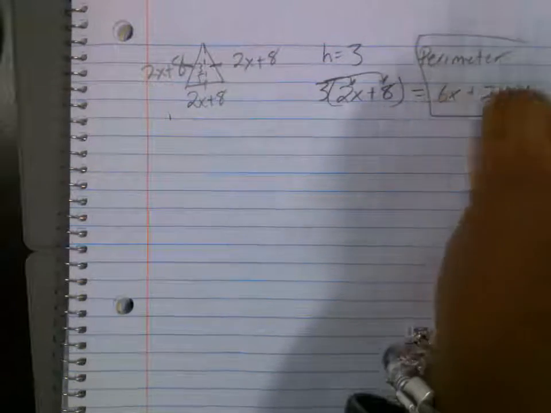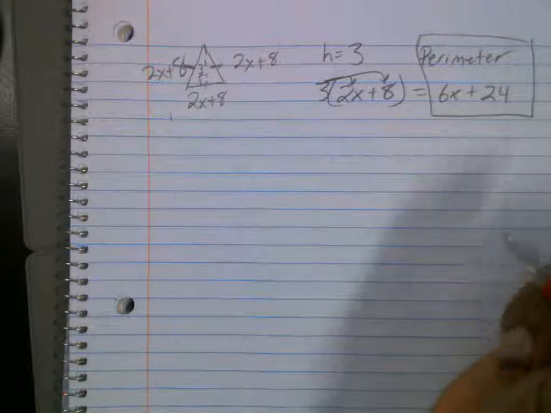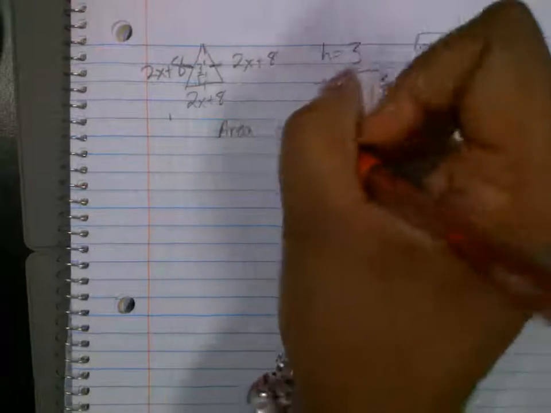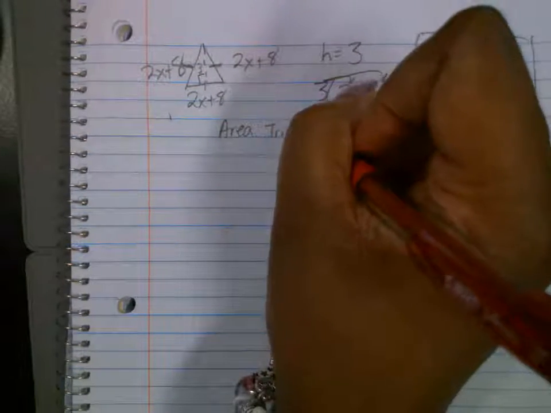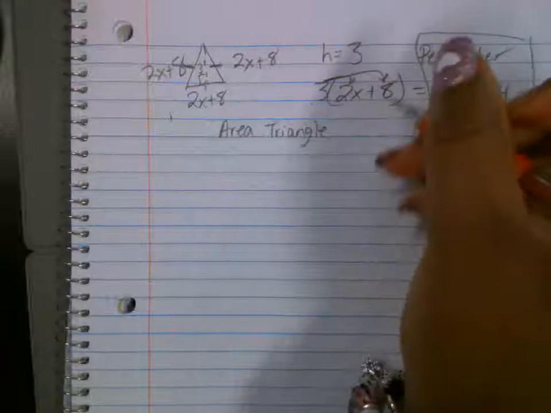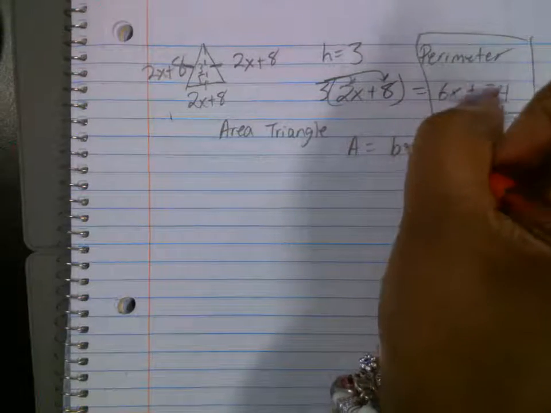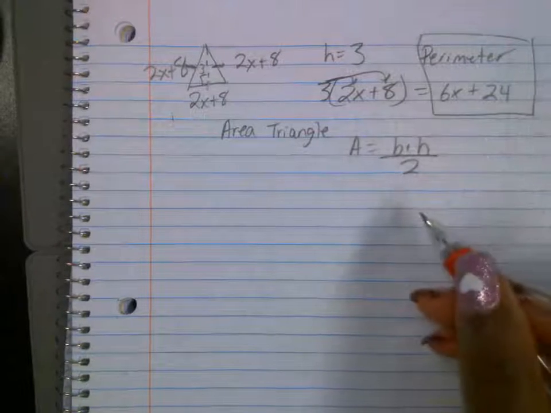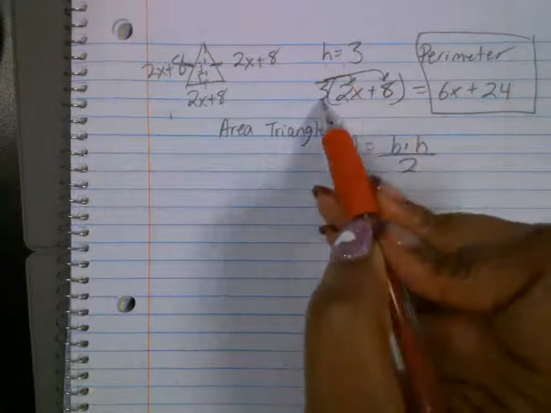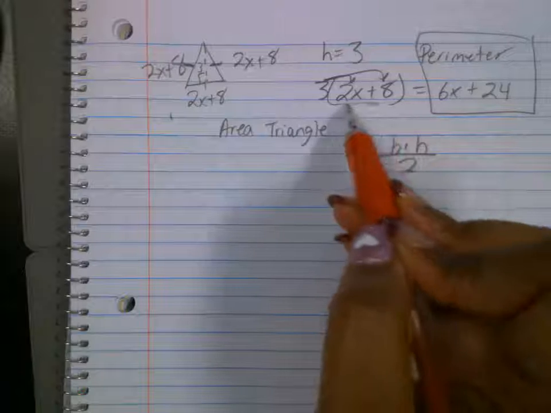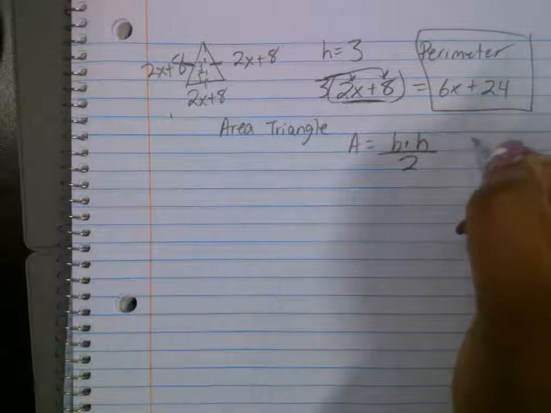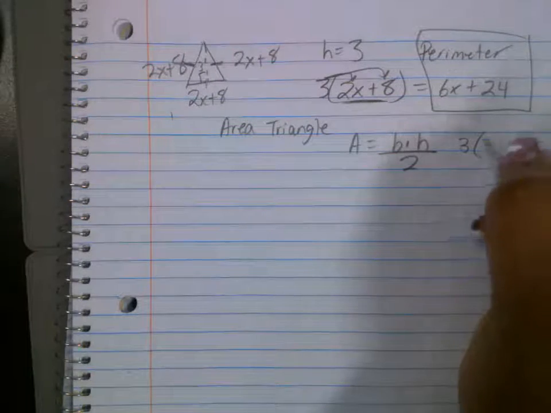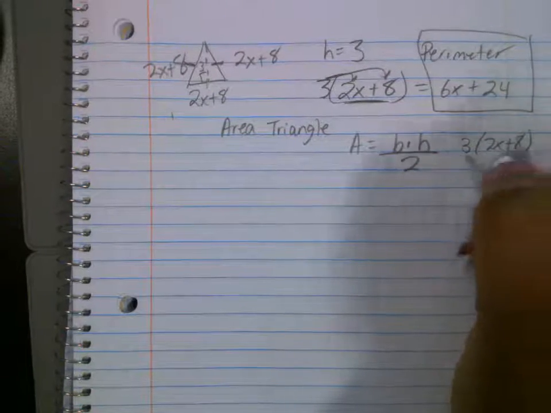This is the perimeter. So what's the formula for area of a triangle? Base times height divided by 2. So we have base times whatever the height is, divided by 2. We already did that, right? Essentially we did the base times 3, so we got 3 times 2x plus 8, and we divide.